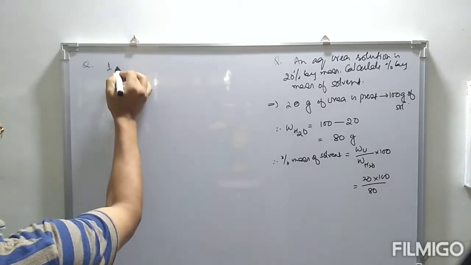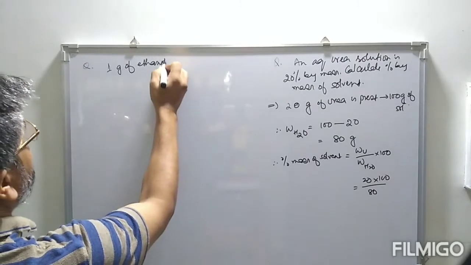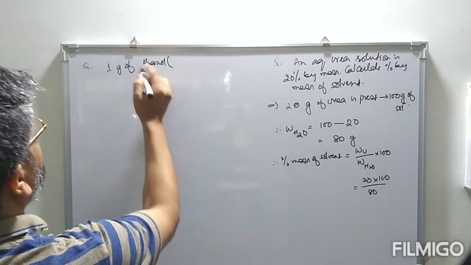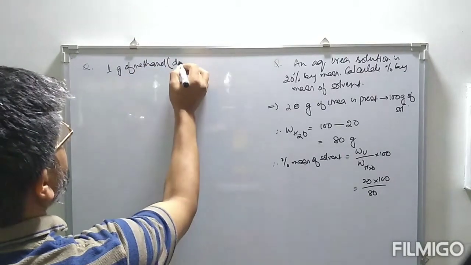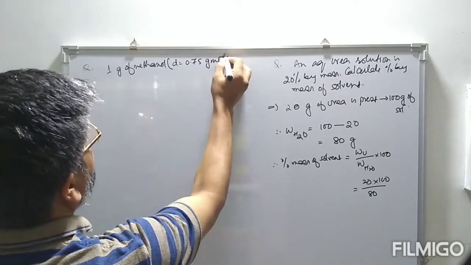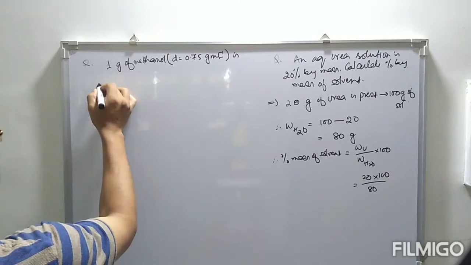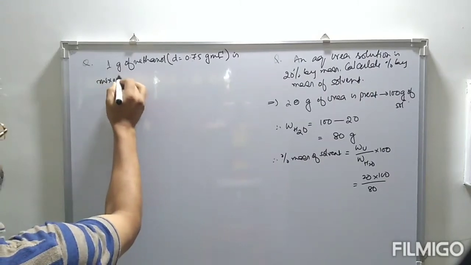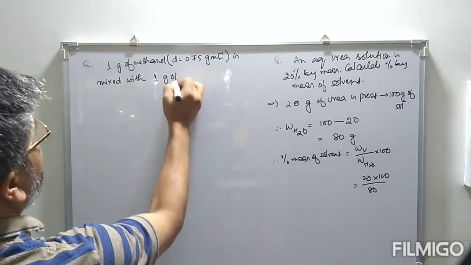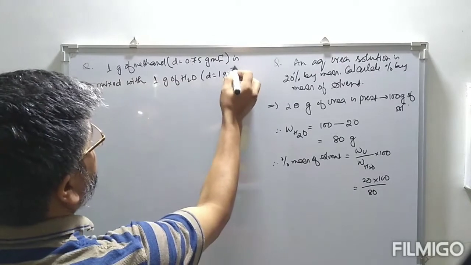Question says 1 gram of methanol with density 0.75 gram per ml is mixed with 1 gram of water whose density is 1 gram per ml.